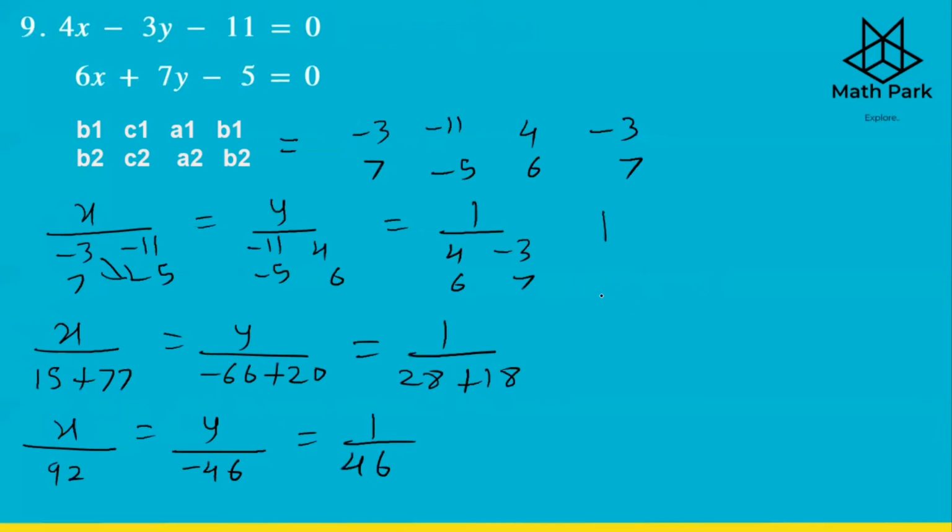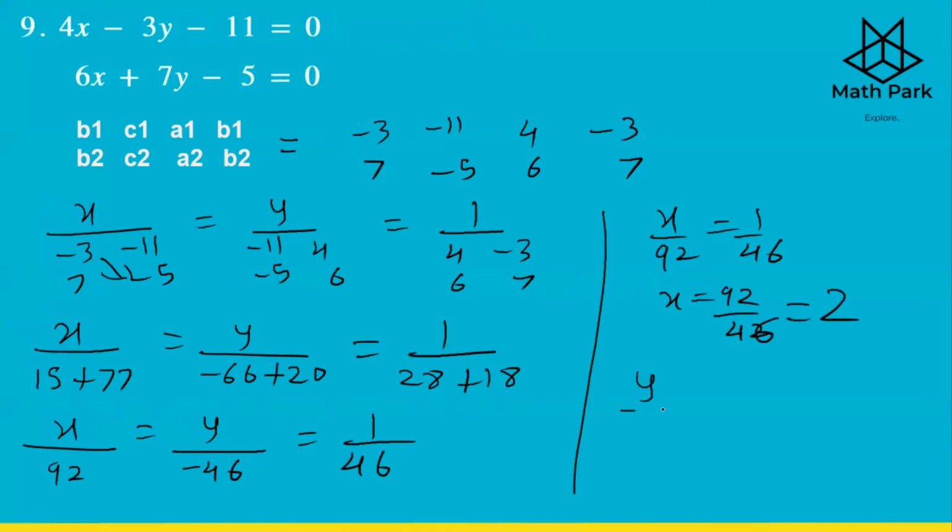So now we have x upon 92 is equal to 1 upon 46. So we get x is equal to 92 upon 46, which is 2. And y upon minus 46 is equal to 1 upon 46. So y is equal to minus 46 upon 46, which is equal to minus 1. So we got x is equal to 2 and y is equal to minus 1.